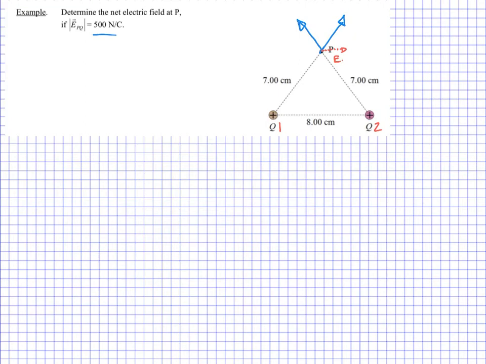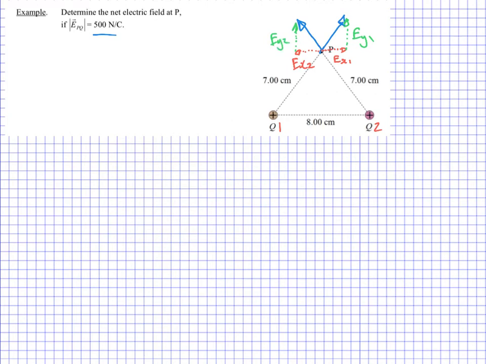So this one here is, let's call it x1. Which means this vector here is the x component of 2. And then this component here is the electric field in the y from 1. And then, of course, this is the electric field in the y for 2.